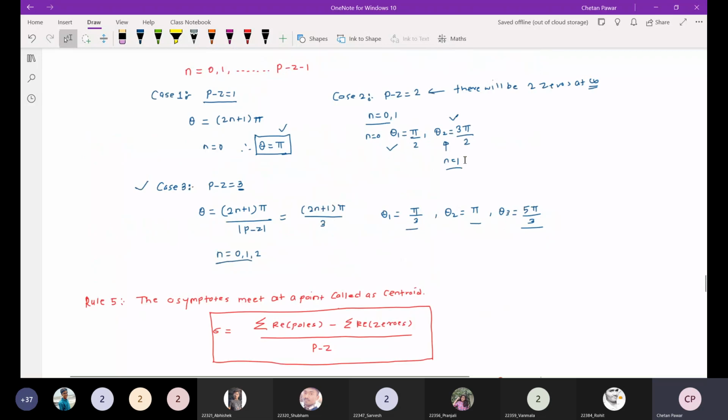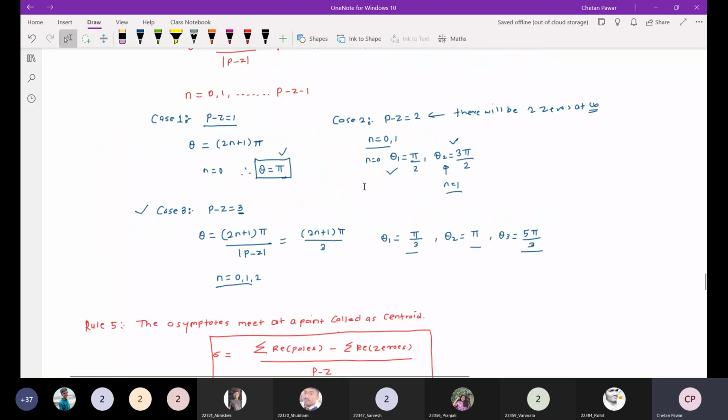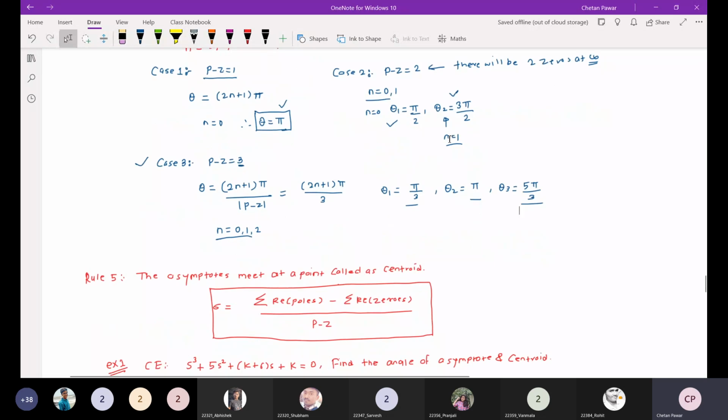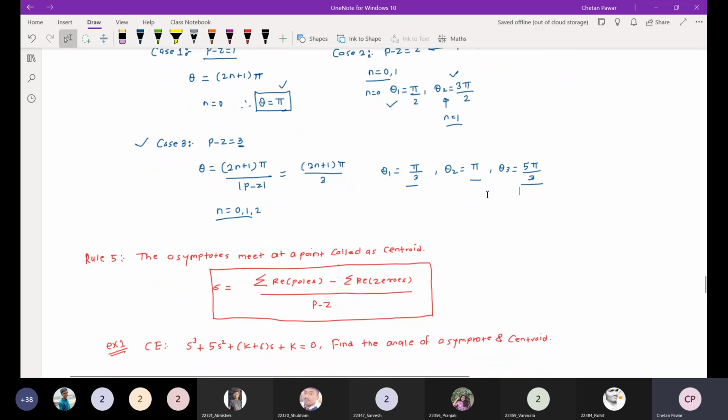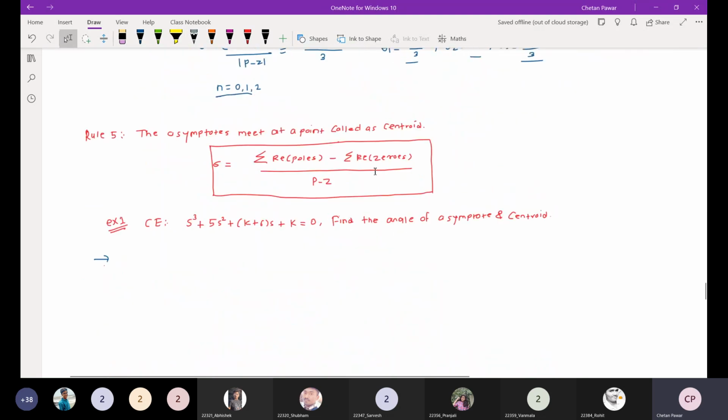For example, in case number 2 there are two asymptotes, so those two asymptotes will meet at some point, and that point is called the centroid. Similarly, in case 3, there are 3 asymptotes, so they will meet at some point, and that point is called the centroid. So how do we find that centroid?